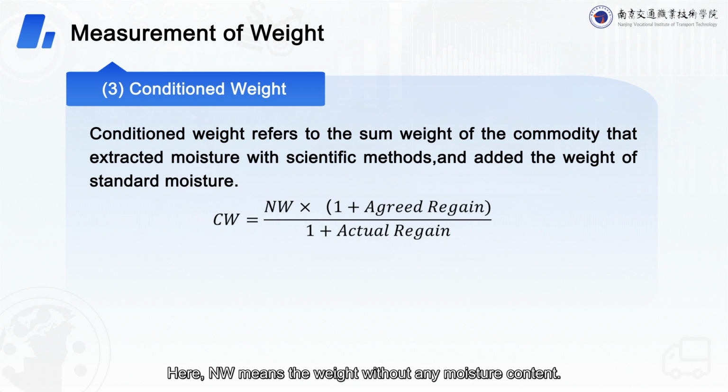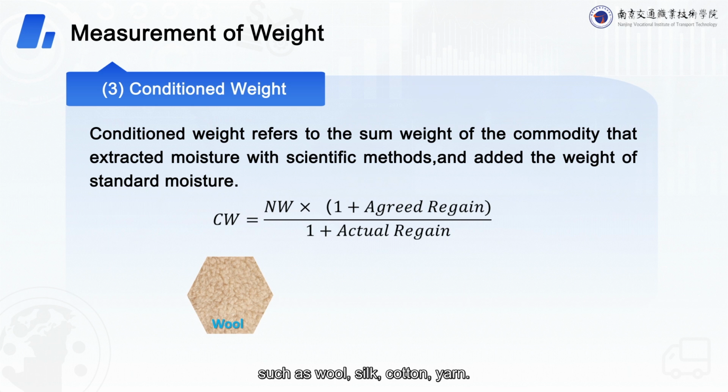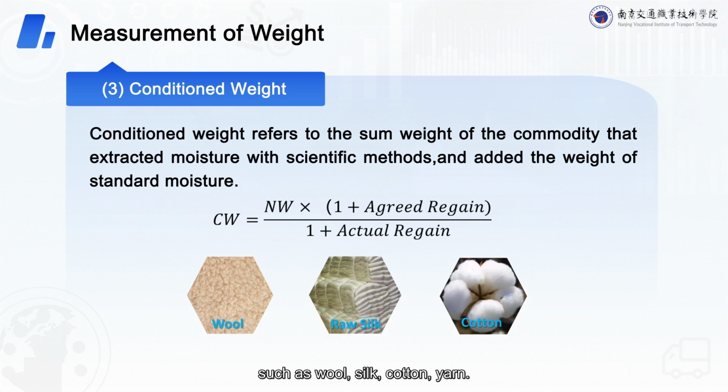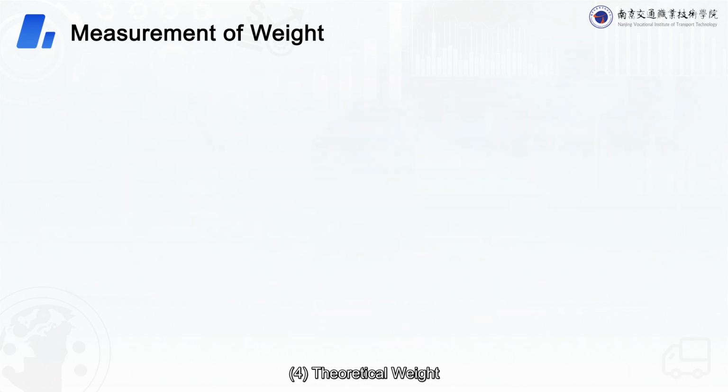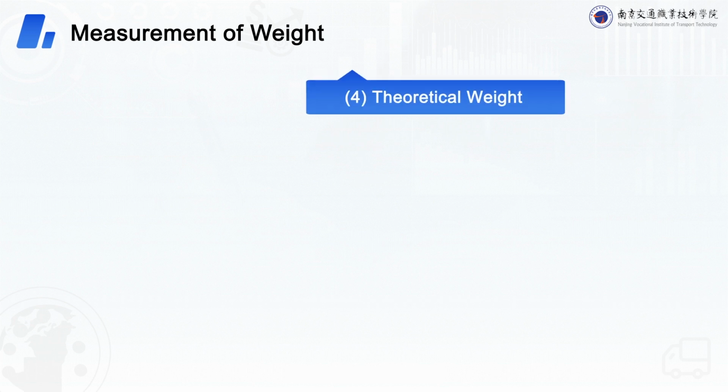Here, NW means the weight without any moisture content. This method is mainly used for commodities of large economic value whose water content is volatile, such as wool, silk, cotton, yarn. 4. Theoretical weight.